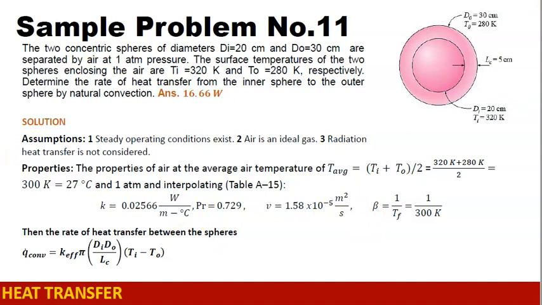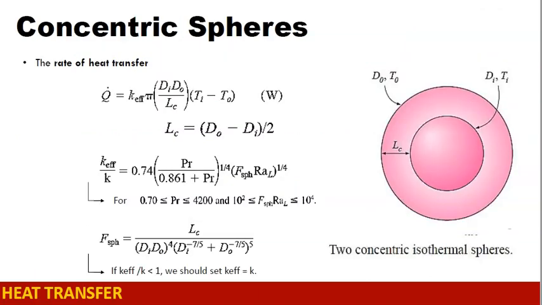For spheres, the rate of heat transfer between the spheres can be calculated using the equation found in slide number 95: k effective times pi times Di times Do over Lc times the difference of the temperatures.